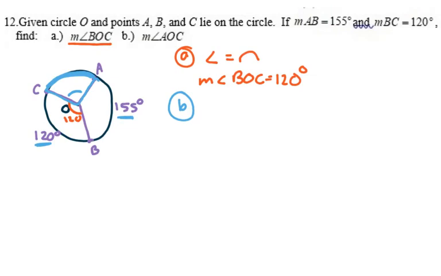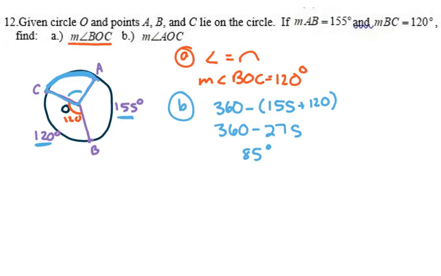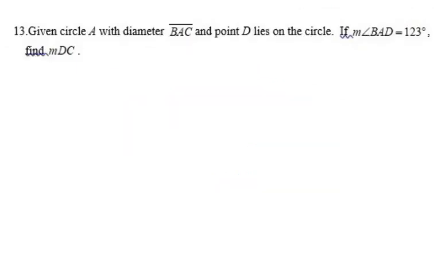So if I take 360 and subtract out 155 and 120, that's 360 minus 275, which is equal to 85 degrees. So that means that this arc is equal to 85 degrees and this angle is also equal to 85 degrees. So the measure of angle AOC is equal to 85 degrees.